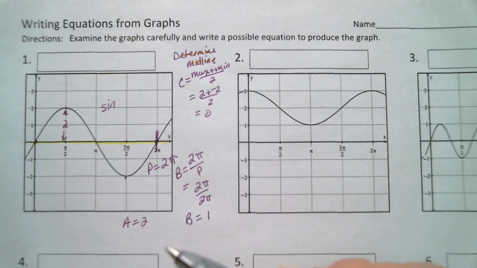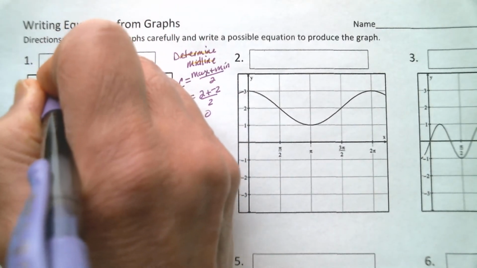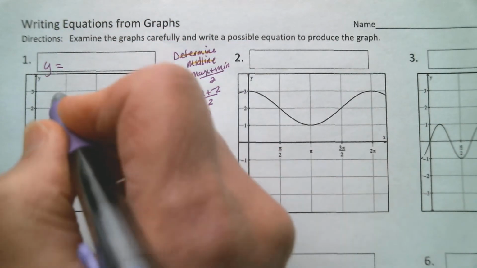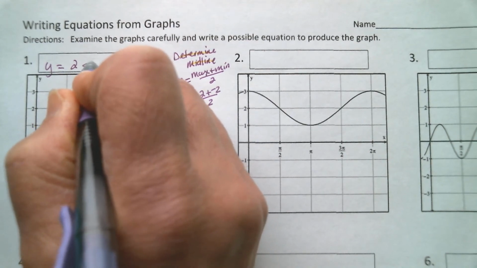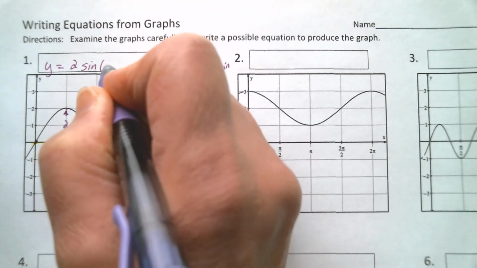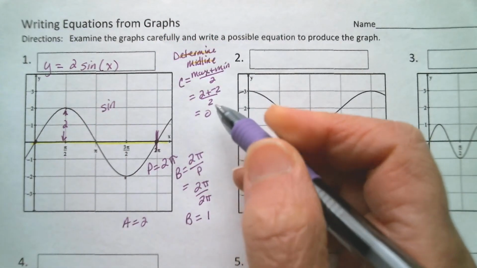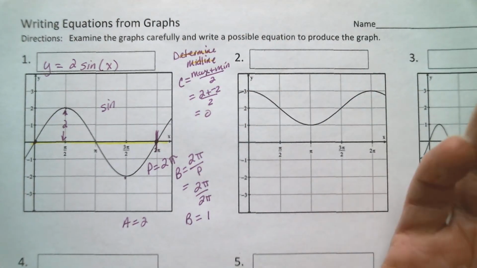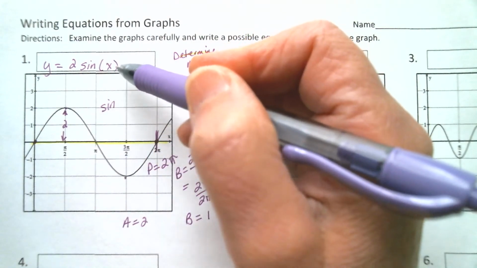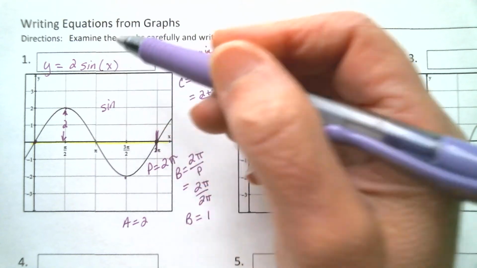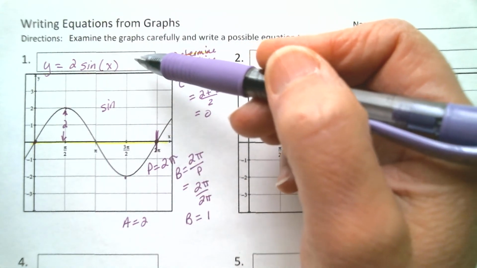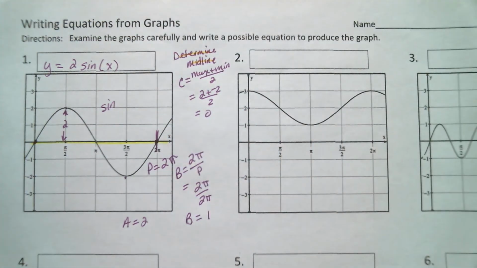So our equation is y equals 2 sine x plus 0. That's it. Y equals 2 sine 1x. We don't put the 1 because 1 times x is x. And the plus 0 is just going to be 2 sine x.